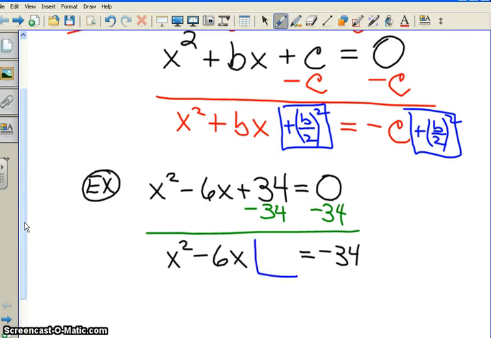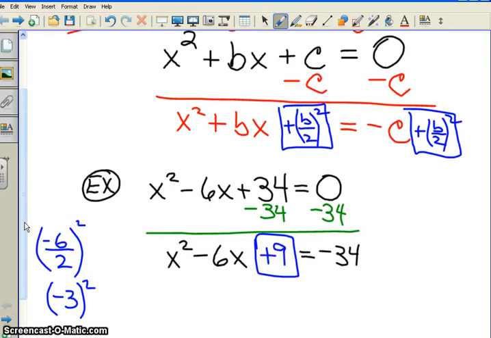Now to decide what that magic number is going to be, I'll do it off here on the left. So b is negative 6. I'm going to cut that in half, which is negative 3. And then I'm going to square that, which will be positive 9.